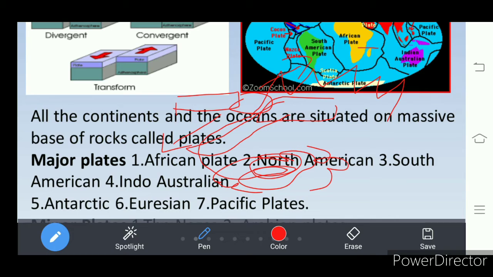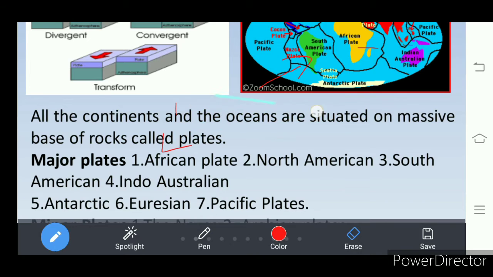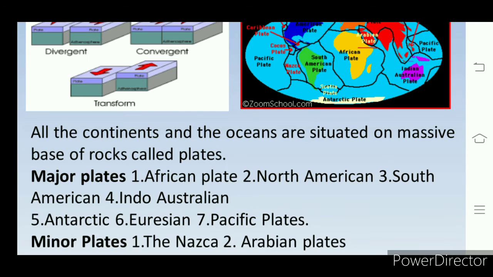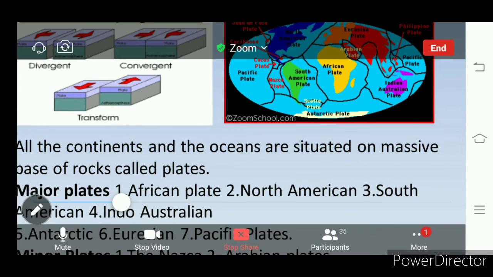Sometimes the crust breaks and goes into the mantle, and that is what we call earthquakes. So the result of the plate movements is the formation of mountains, or earthquakes may take place. This is the importance of the plate boundaries.